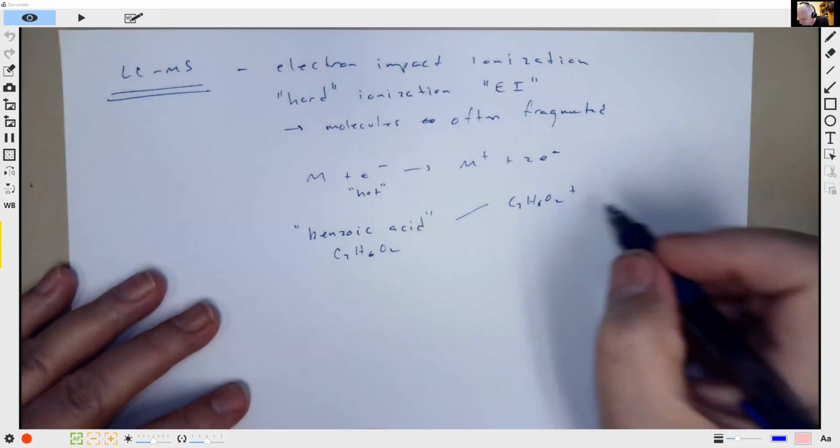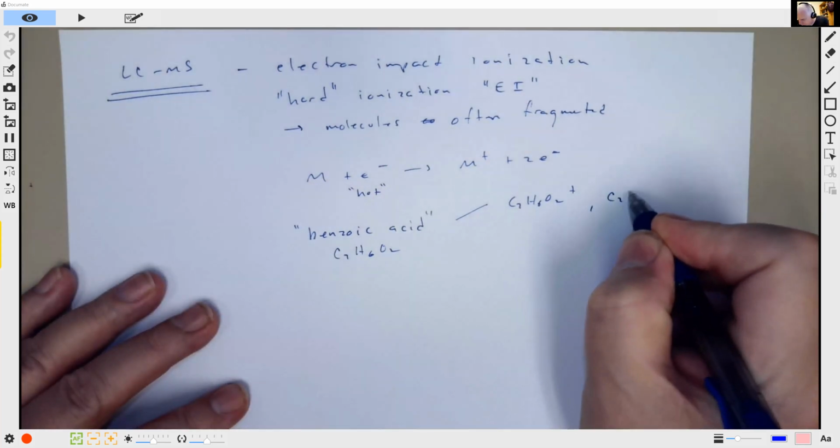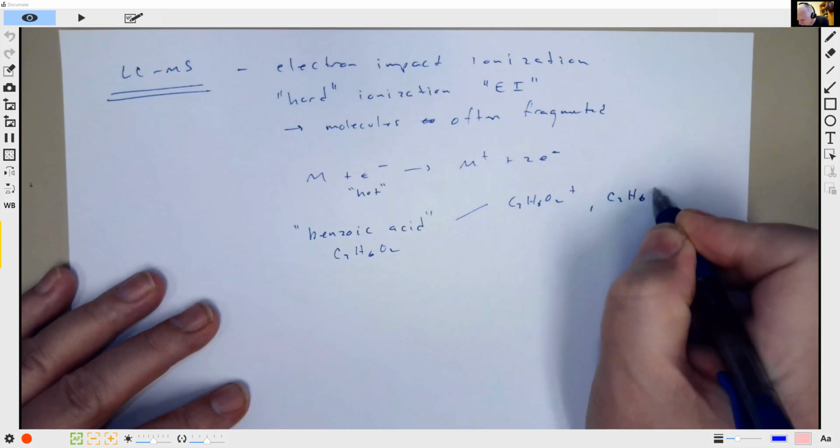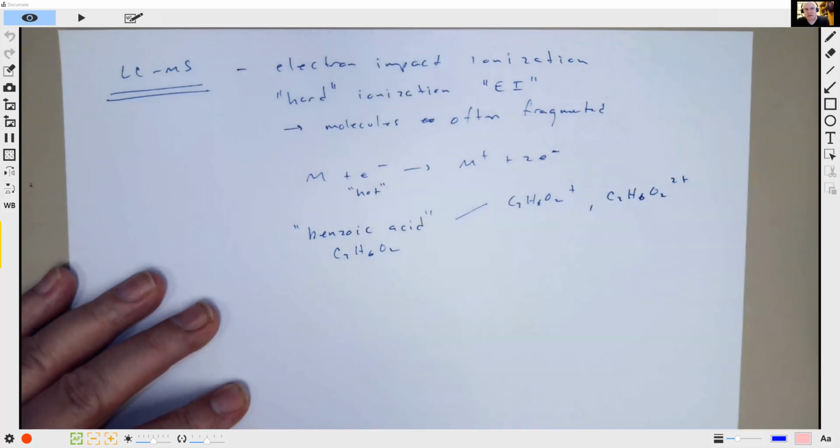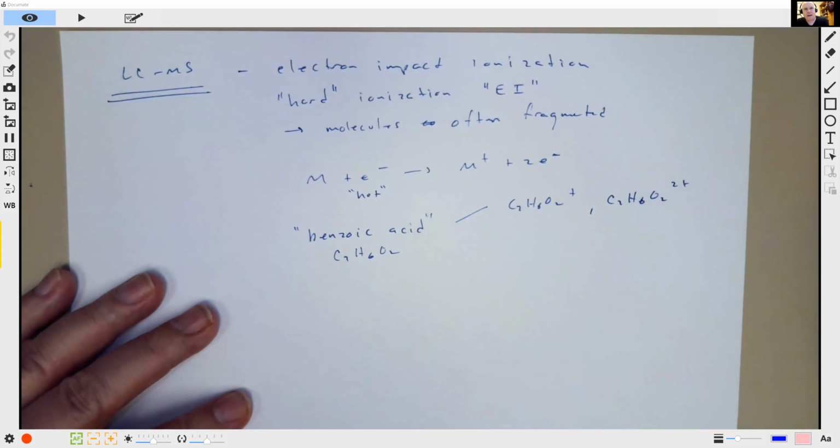Or you can also get C7H6O2 2 plus, right?